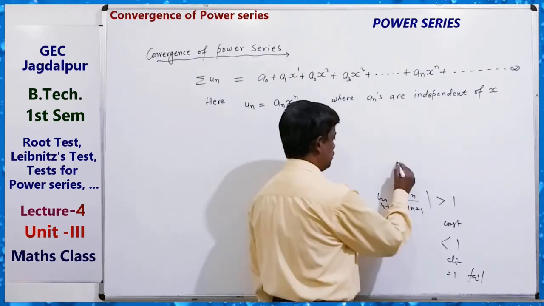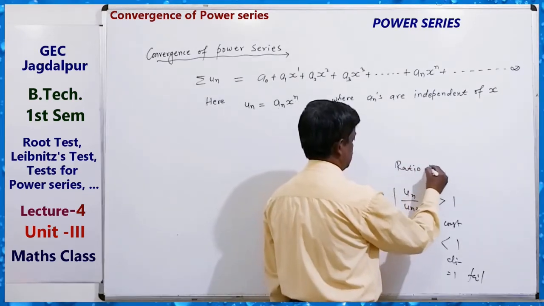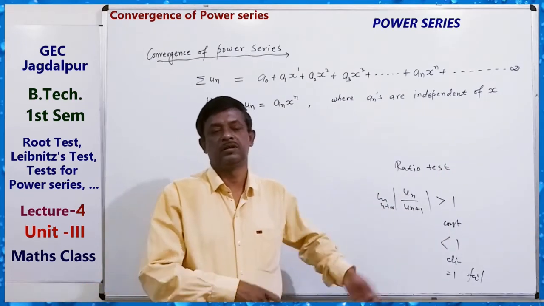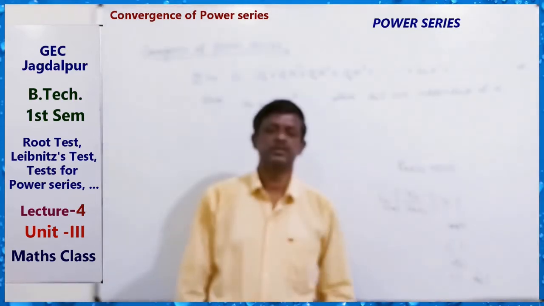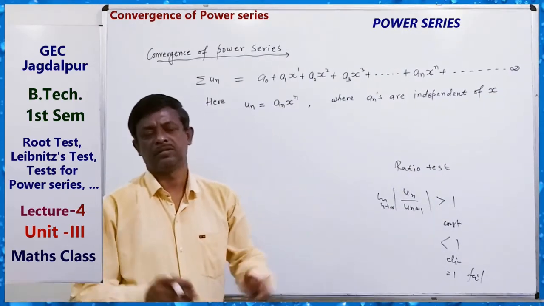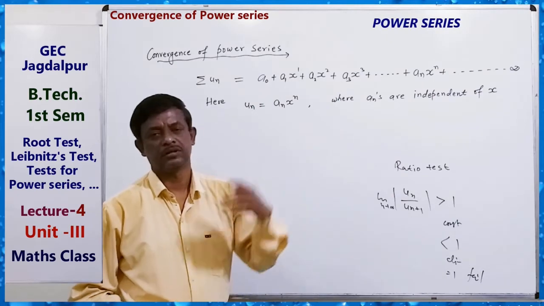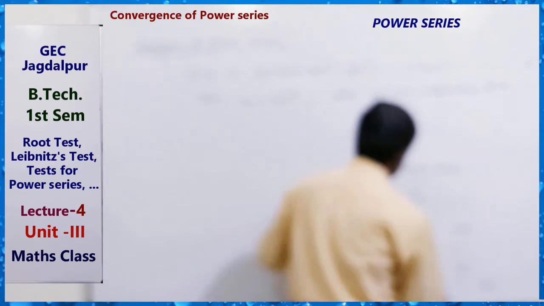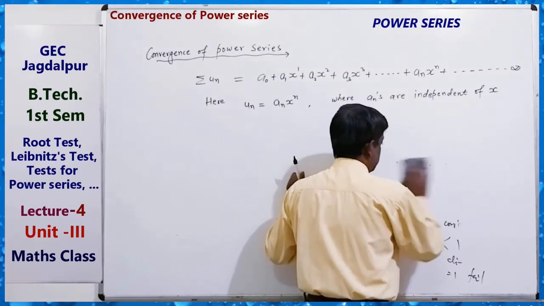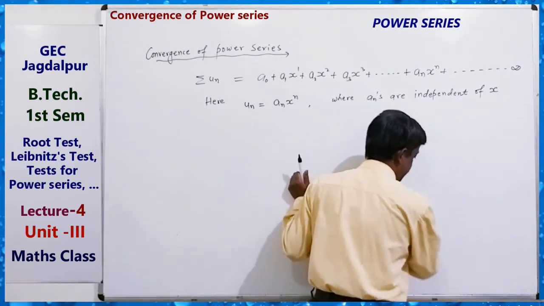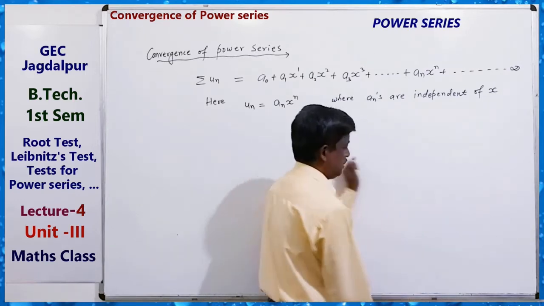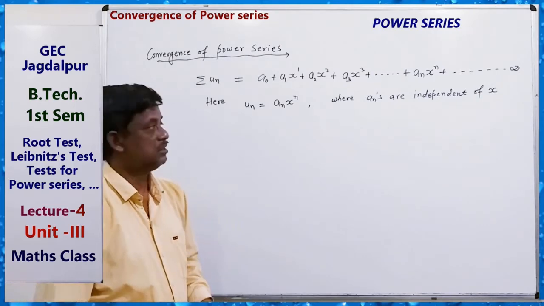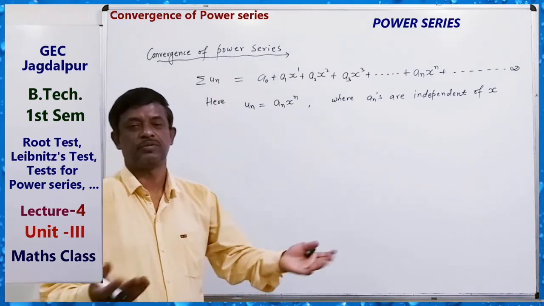We take modulus value, because then it will be absolutely convergent and the series will also be convergent. So for this power series, we have to find for which value of x the series is convergent.